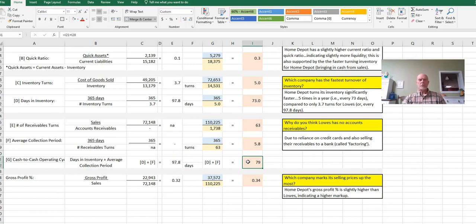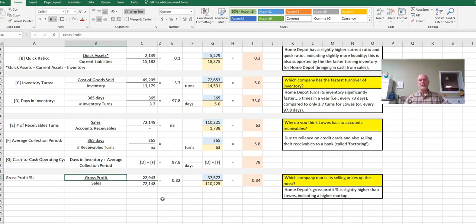One other ratio I wanted to discuss is what's called the gross profit ratio. On the income statement, you've got sales minus cost of goods sold is gross profit. Your gross profit represents the markup that you've included in your sales prices.